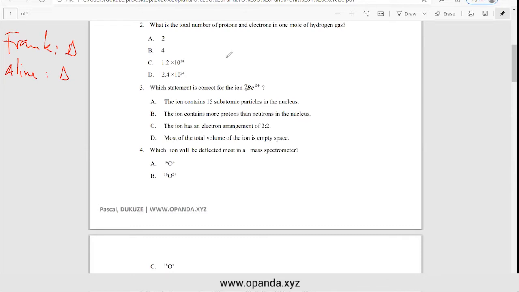Okay, now let's ask someone to tell us why the right answer, or what they have suggested, is D. Let us ask Aline if she can explain why it is D. Aline, can you give us an explanation?